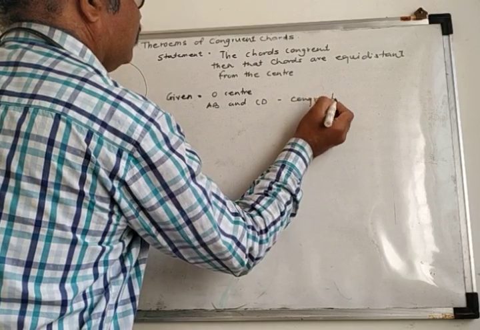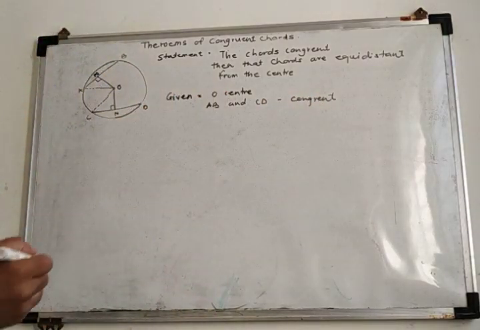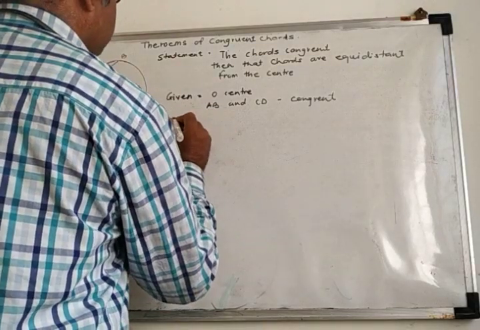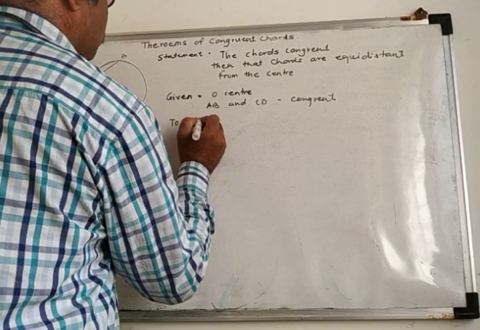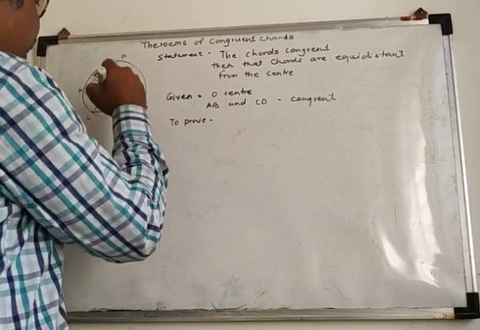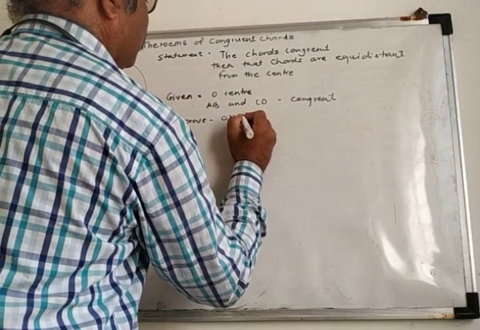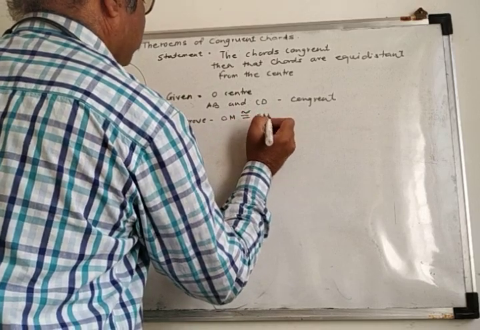You can show the sign of congruence there. We have to prove that the perpendicular distances are congruent, that is, OM is congruent to ON.